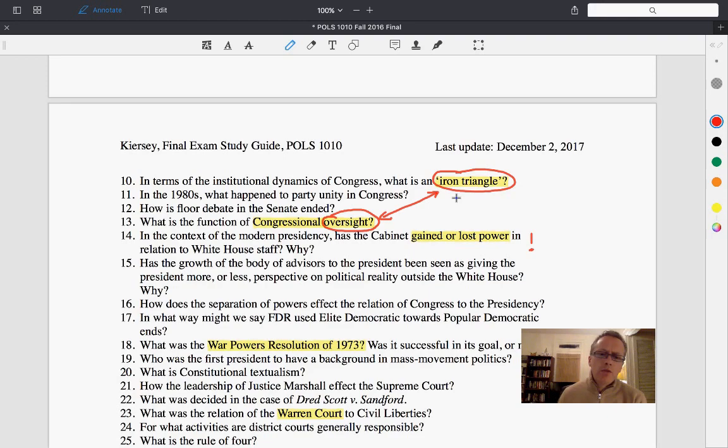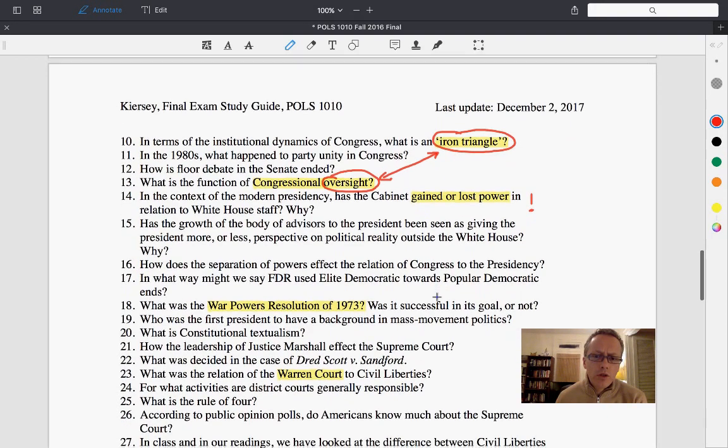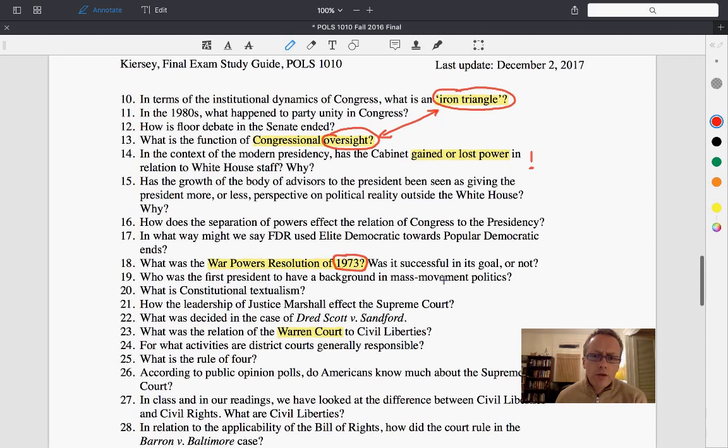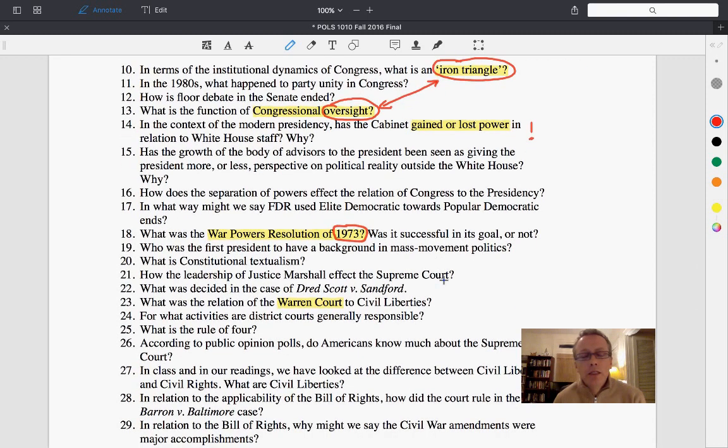Another one that I think is really misunderstood, and we talked about it a little bit in class, is the War Powers Resolution of 1973. Did it rein in the powers of the presidency to engage in warfare overseas?